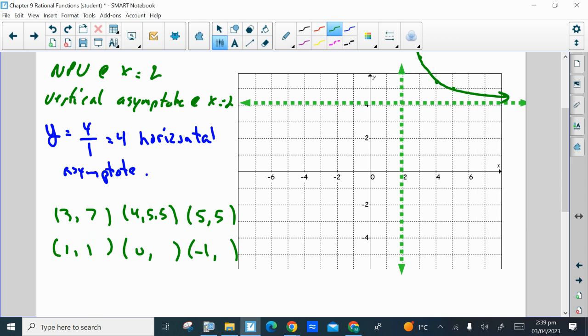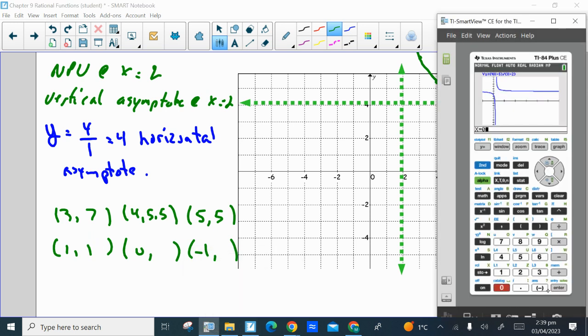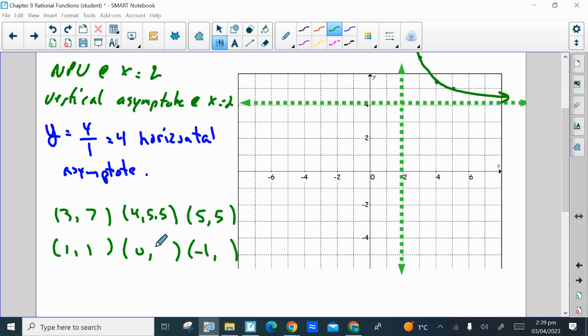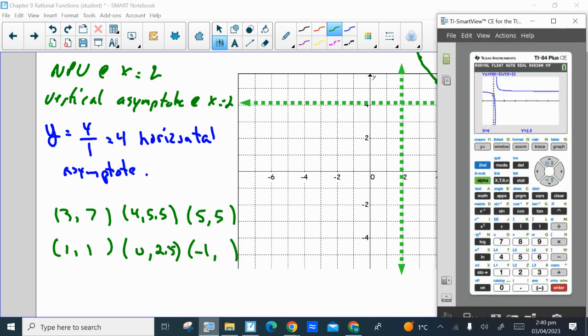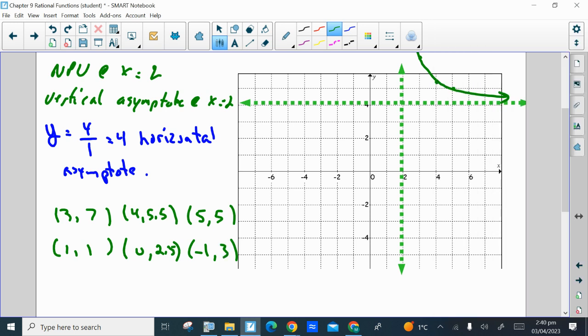1, 1, 0, 2.5, and -1, 3. So this gives us points on the other arm or branch.